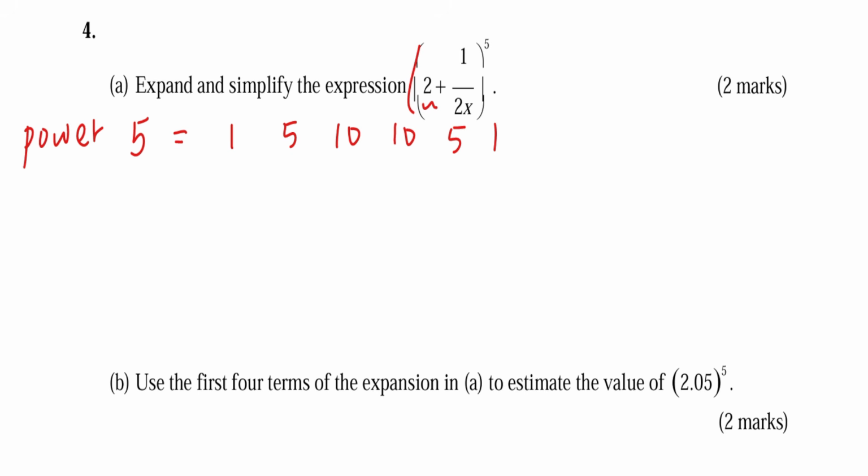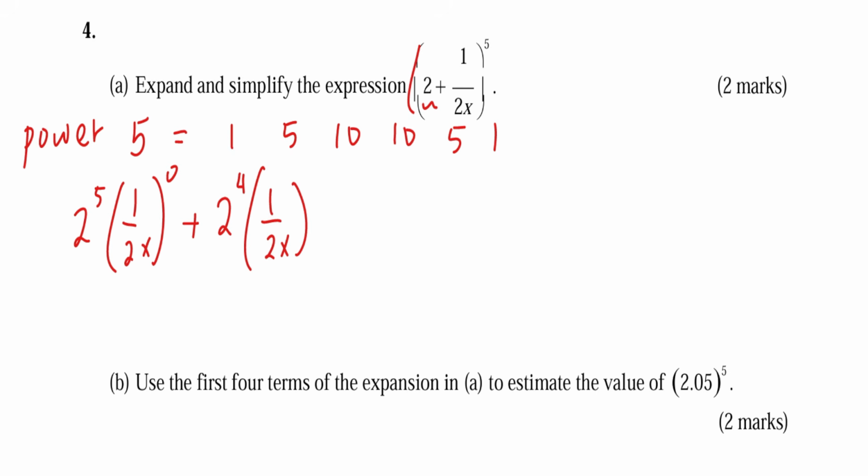So 2 to the power of 5, and then 1 over 2x, which is the second number, starts at power 0. The power of 2 decreases until it reaches 0, but for 1 over 2x the power increases: 0, 1, 2, 3, 4, 5, while for the 2 it is 5, 4, 3, 2, 1. So one decreases and the other increases.